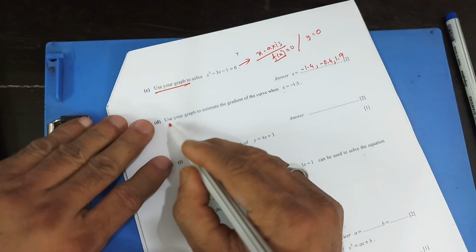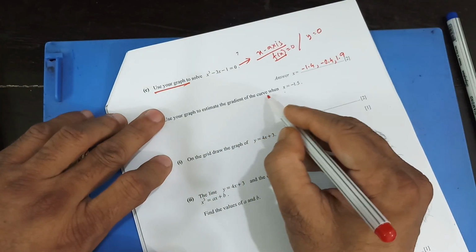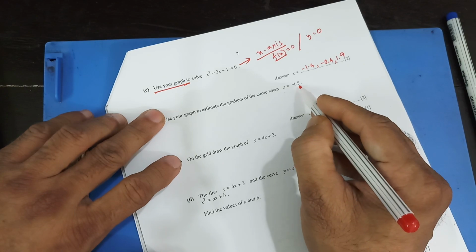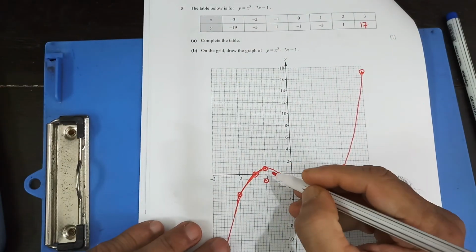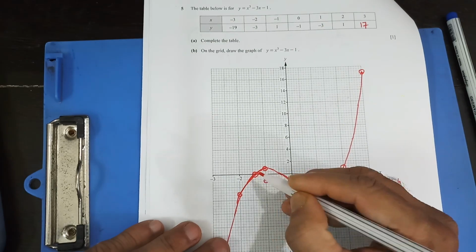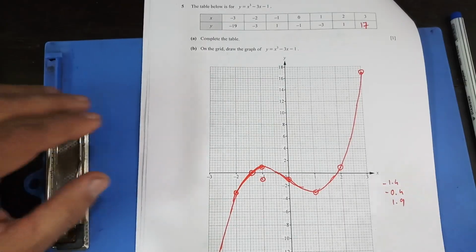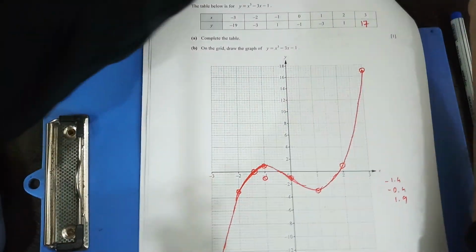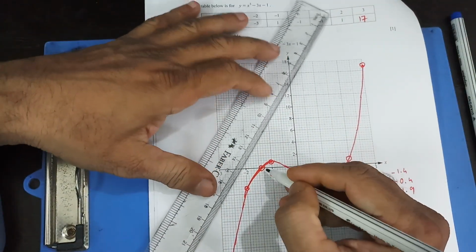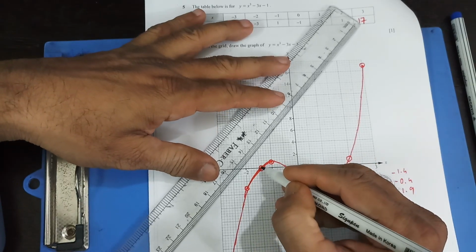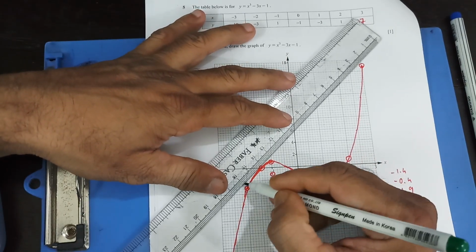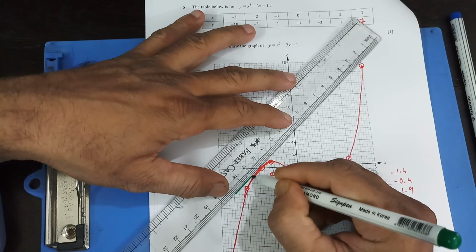Use your graph, because it says so. Use your graph to estimate the gradient of the curve when x equals minus 1.5. So where is minus 1.5? Minus 1.5 is right over here. I'm going to draw a line over here.